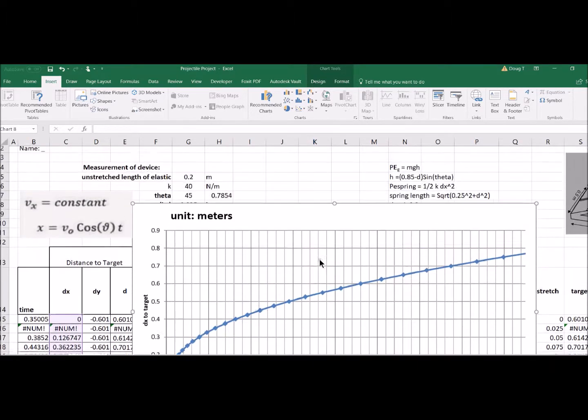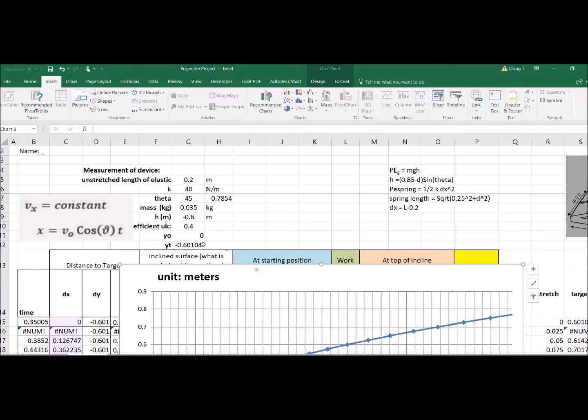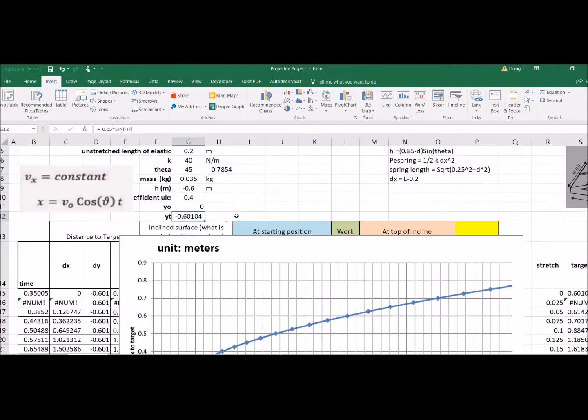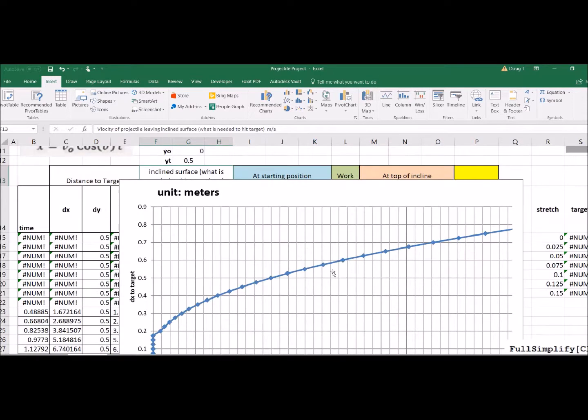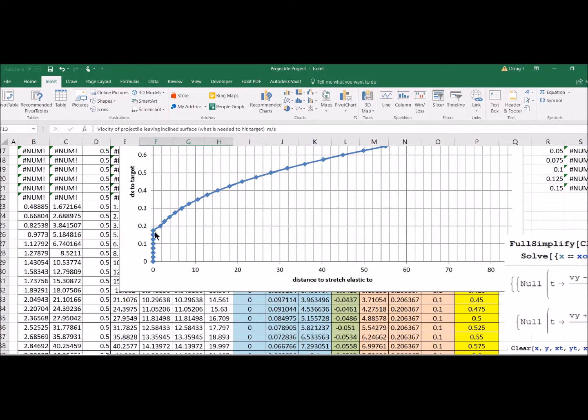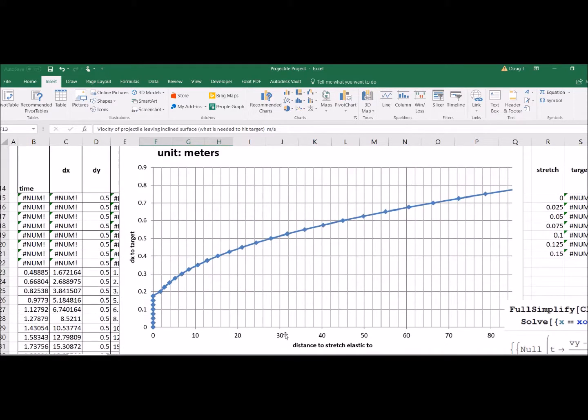And of course, maybe our target is up above us instead of below us. So what happens if we change the y to the target to something like, I don't know, 0.5 meters up? So now we have a new curve, and we would have to actually pull it back a little bit to even get started here.